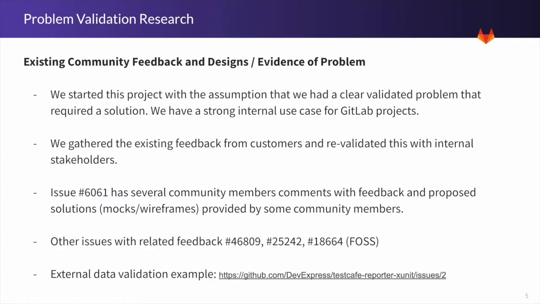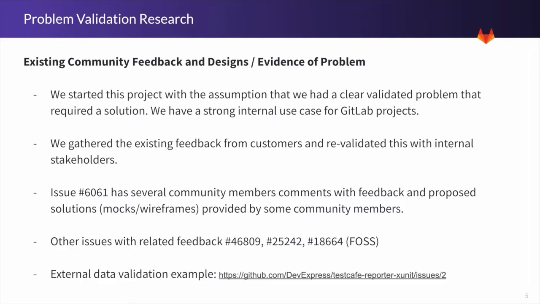We had customers who actually created mocks and put those mocks in an issue, which is the originating issue for this problem. And we had that evidence, but we also have a lot of strong internal use cases for this in our GitLab projects. So from the beginning, we had a very validated problem that required a solution.